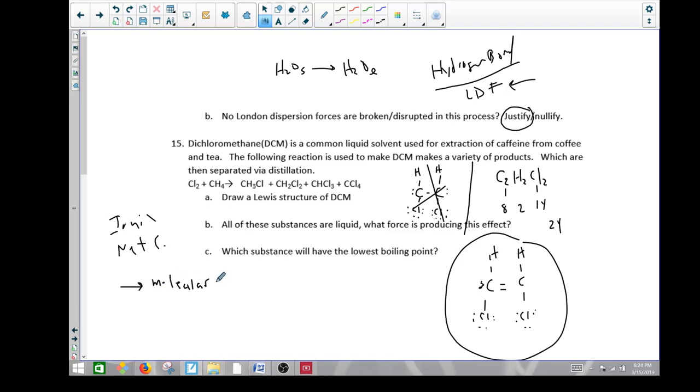So the first thing I'll ask is, do I have a highly electronegative atom to create a dipole? The answer is no. So that kind of removes hydrogen bonding and dipole. Now, just a clarification point, really important for overall understanding.